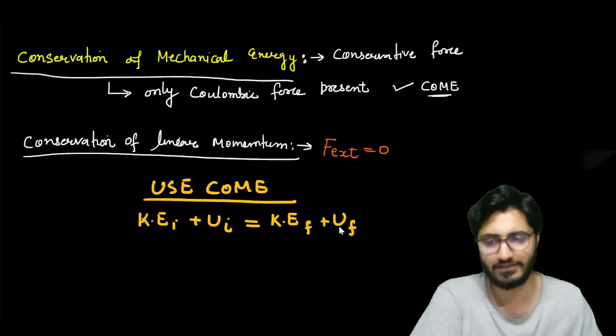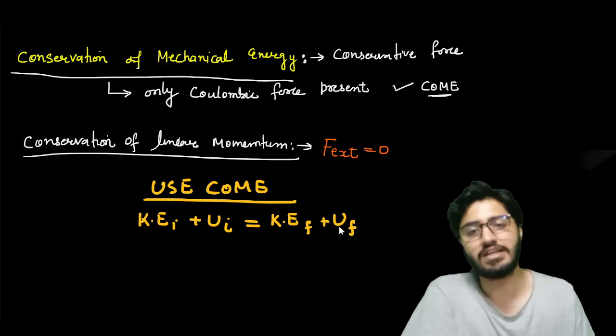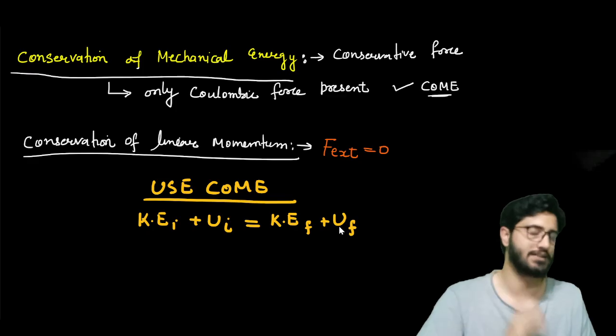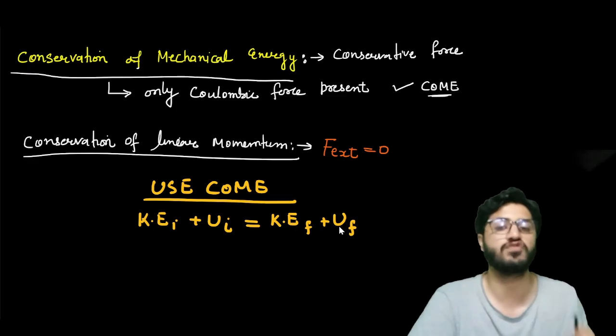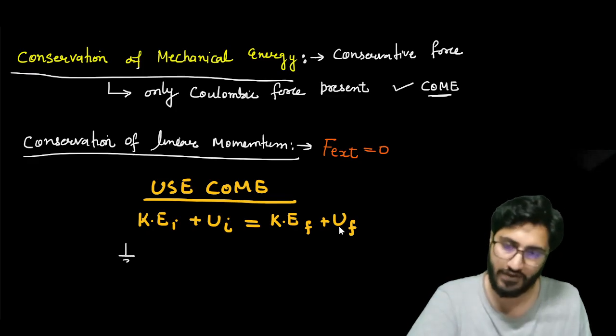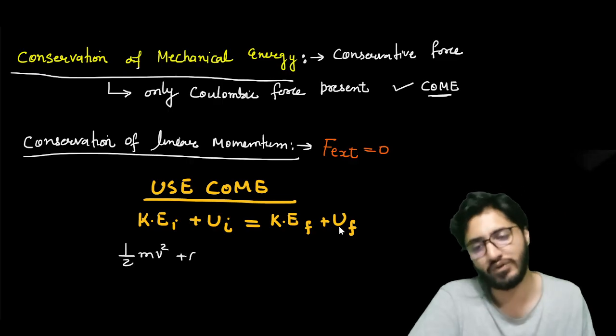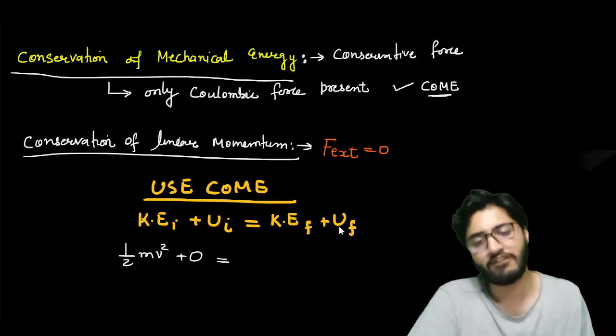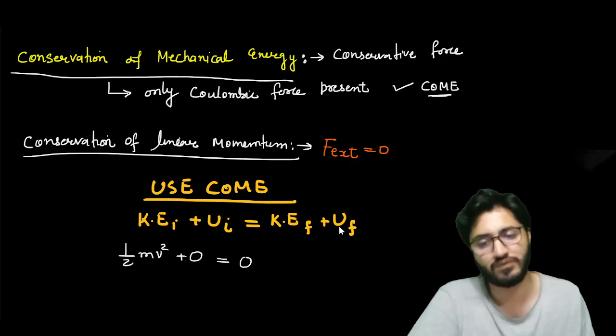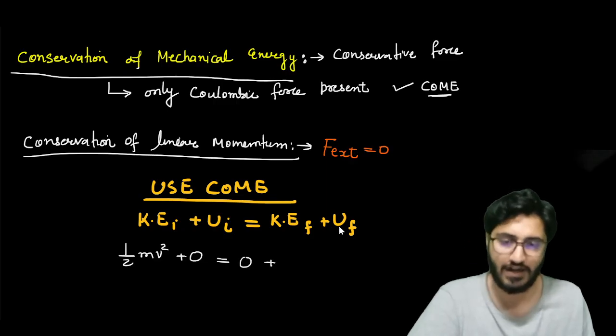Initially we projected our particle with velocity v, so the kinetic energy is 1 by 2 mv square, and the initial potential energy is zero at infinite distance. Finally, my particle stops, its velocity is zero. And what is my final potential energy? K Q1 Q2 by distance.